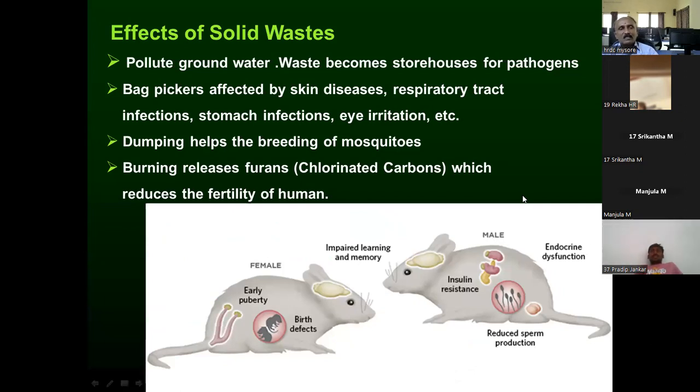Now, another health hazard is solid waste. We know that India generates a lot of solid waste, and we dump it indiscriminately on our land or water or everywhere.